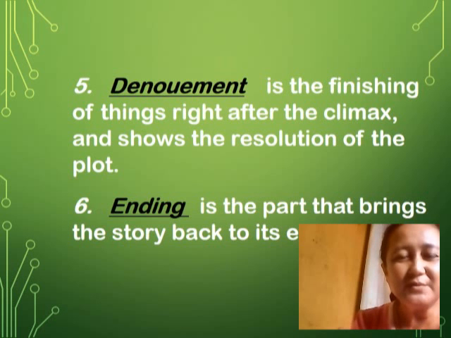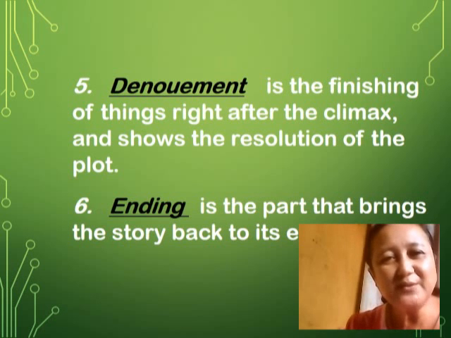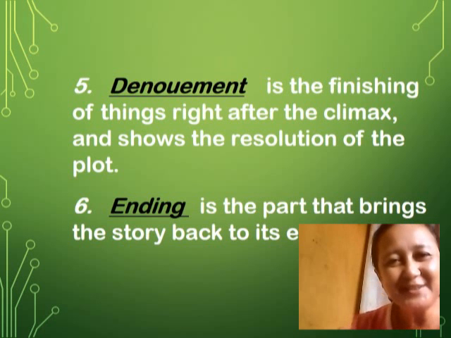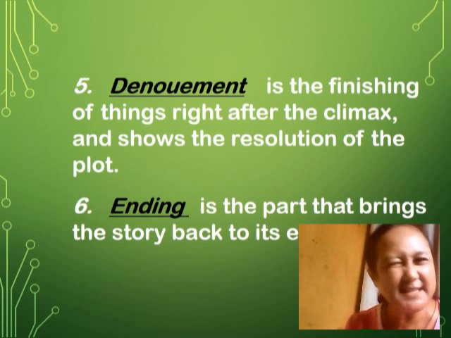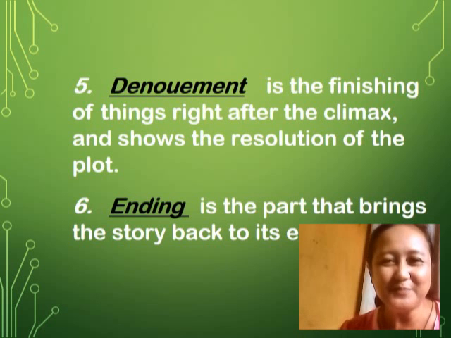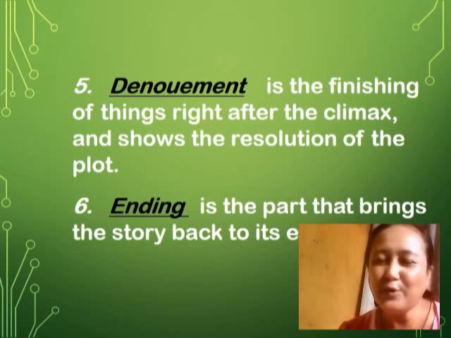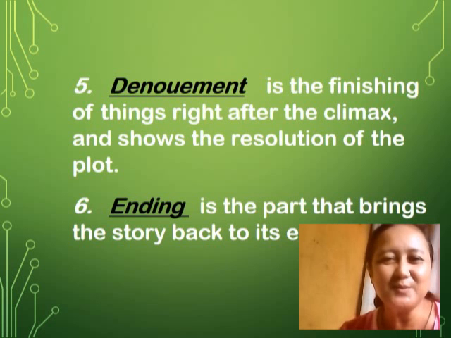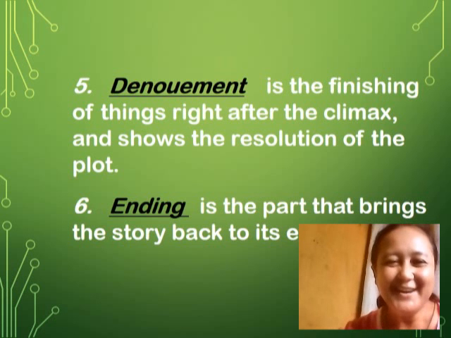This is where we can usually see the happy part, in which we can smile, because there is already the resolution. The problem is already given a solution, and everyone is happy, including us.